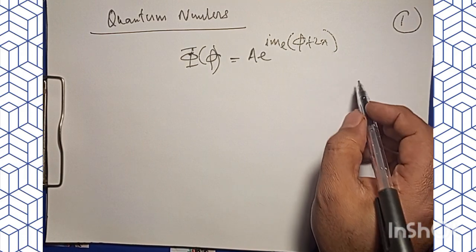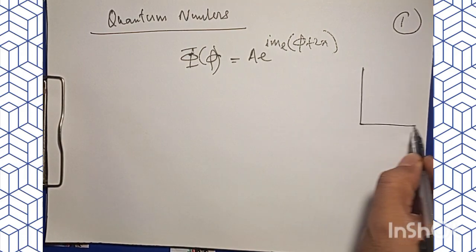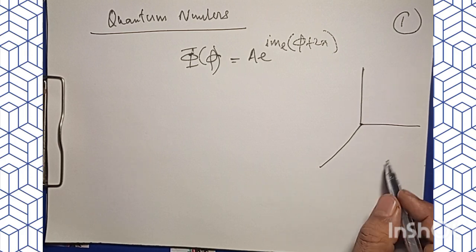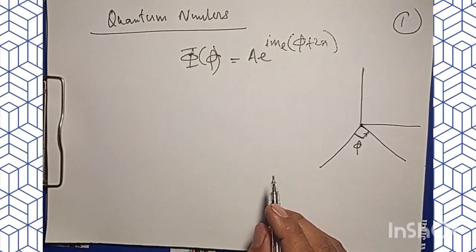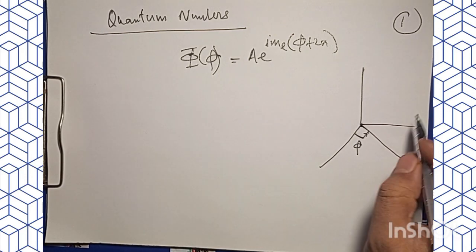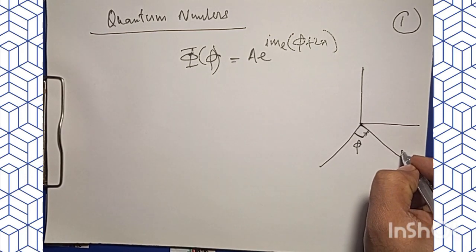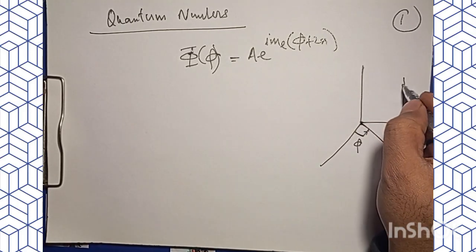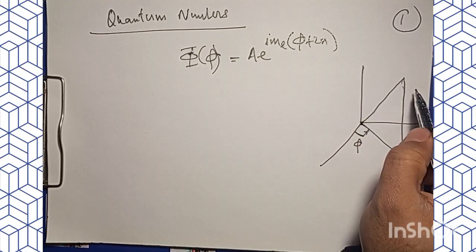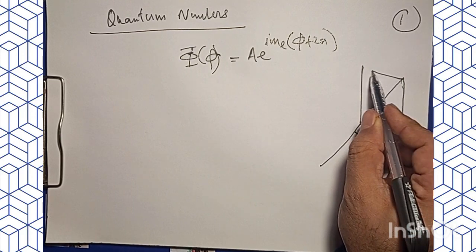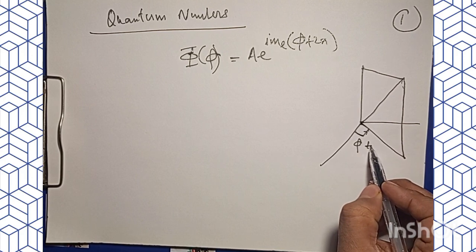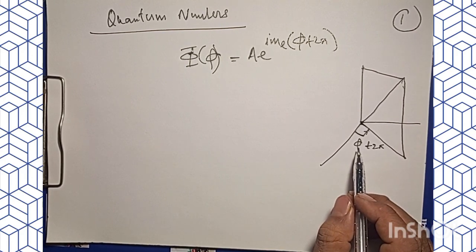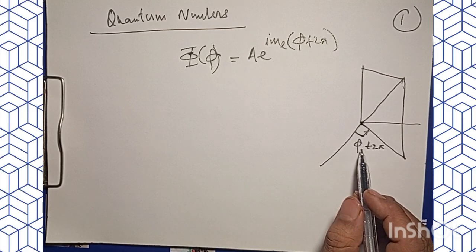If I draw a small geometry over here, this is phi, the azimuthal angle, and if we seek a plane like this, and this is the original position vector, this is our plane, and if we rotate it by 2 pi, we'll be back to the original state.